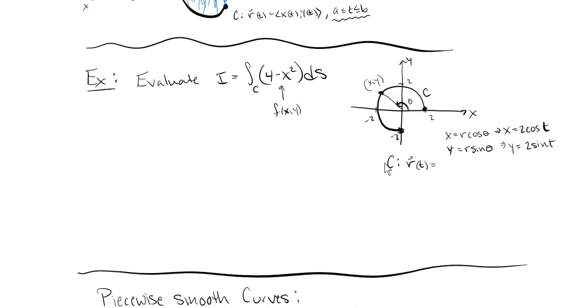And we can see here, we do need to increase through these values. But we could see pretty easily that the t values we should be trapped between, remembering t is like the angle we're at, should be 0 since we're starting on the x-axis, all the way up to 3 pi halves, the negative y-axis.